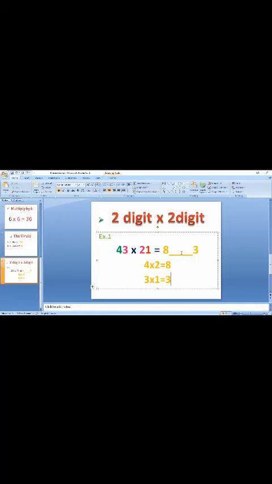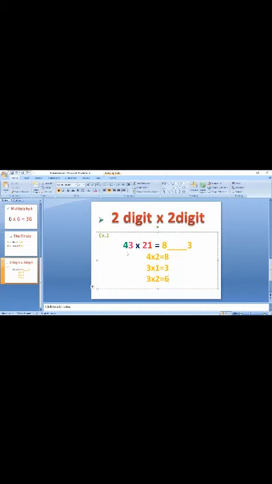Now to find the middle number, we multiply the first number's second digit, 3, by 2, the second number's first digit. So 3 into 2, we get 6.